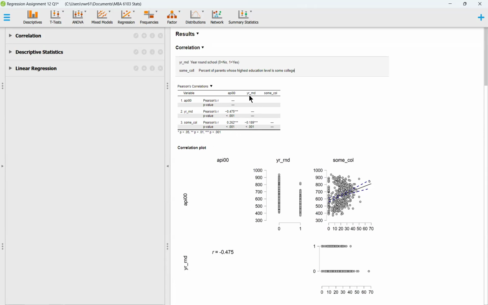For some college, under year round, it's negative 0.189. A scatter plot is a graphical representation used to visualize the relationship between two continuous variables. Each point on the scatter plot represents a pair of values.